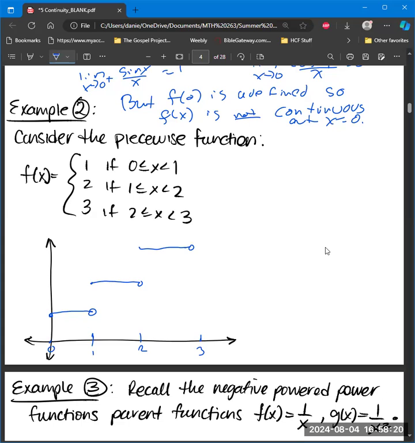Okay, so where is it going to be discontinuous? It's going to be discontinuous at 1, 2, 3, and so on, because those limits are not going to exist there. Discontinuous at x equals 1, 2, and 3.